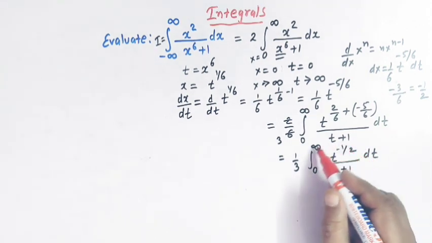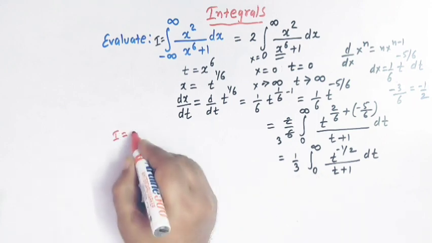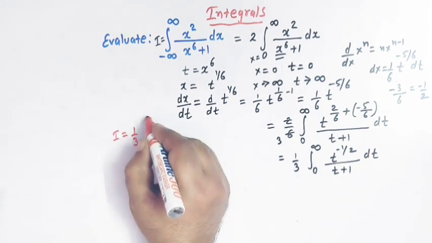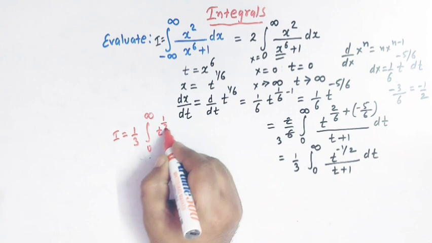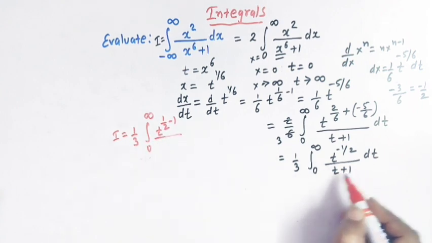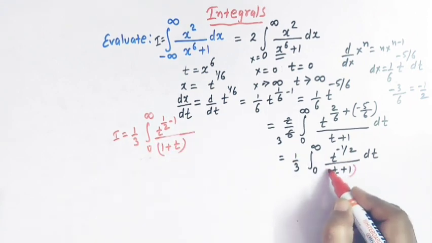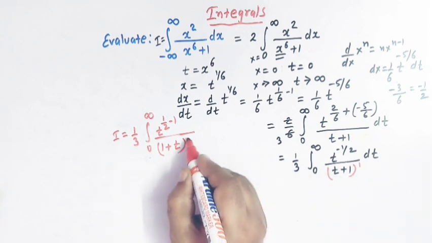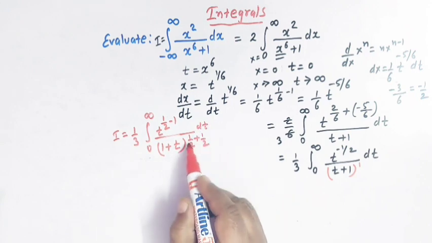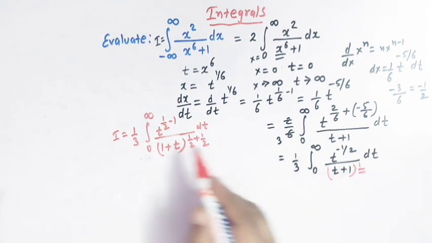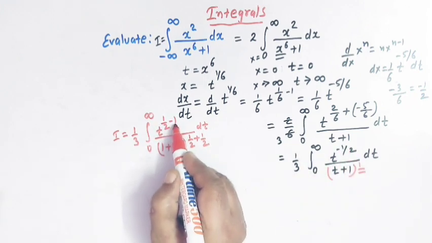So now to solve this integral, we can rewrite this integral I as 1 over 3, integral from 0 to infinity, and t raised to minus half can be written as t raised to half minus 1, and in the denominator, 1 plus t raised to 1, right? Here the exponent is 1, and 1 can be written as half plus half, right? So t raised to minus 1 over 2 can be written as t raised to half minus 1, right?